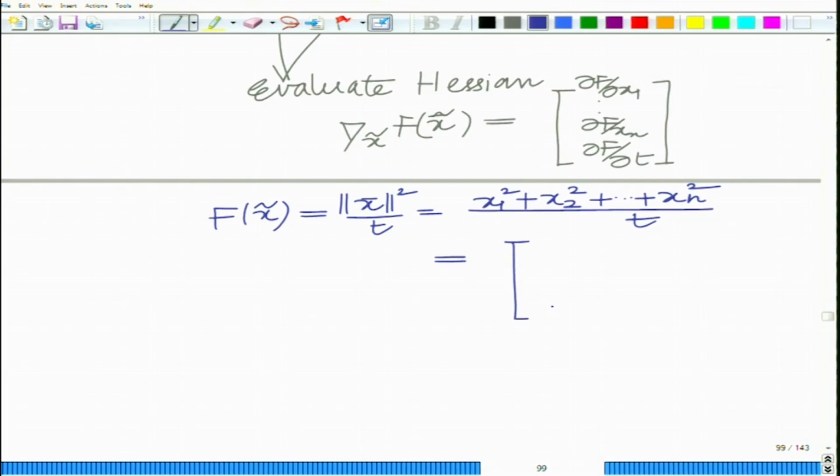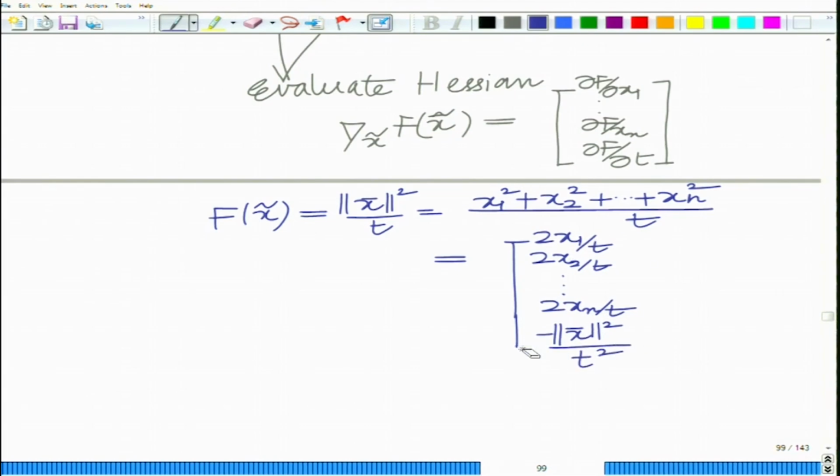You can see the partial with respect to x1 is simply 2x1 divided by t, partial with respect to x2 is 2x2 divided by t, partial with respect to xn is 2xn divided by t, and the partial with respect to t is norm of x bar square into, differentiate this with respect to t, that will give us minus 1 over t square.